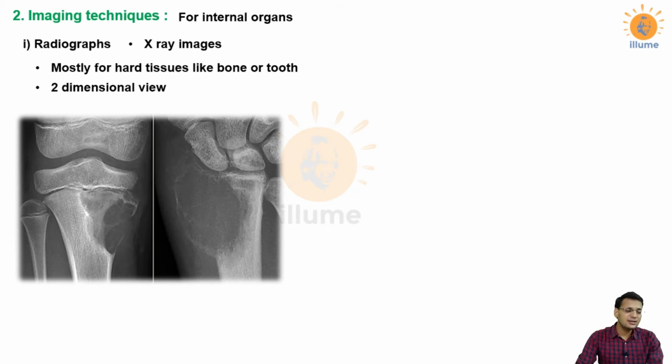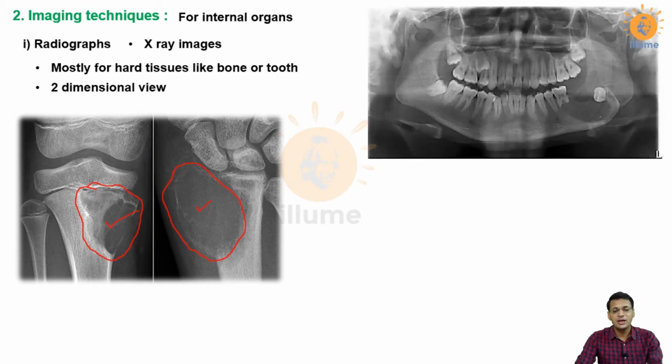As you can see in this radiograph, you can clearly make out that there is a certain abnormality with this bone. Normally a bone appears whitish in a radiograph, but in these cases you can see some blackening of the picture, not the bone but the picture, that clearly rules in that there is a certain pathology associated with the bone.